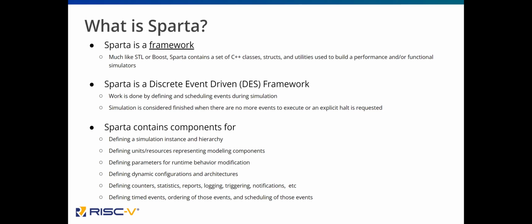There are ways to dynamically configure your simulation and model, and a host of counters, stats, reports, logging, triggering mechanisms, notifications, and so on that can be used for the simulation. Finally, there is also the concept of events, with ordering precedence between the events and the schedule of the events.